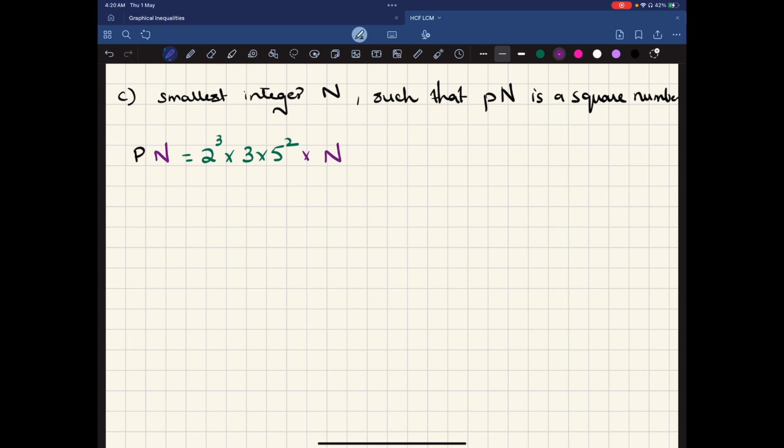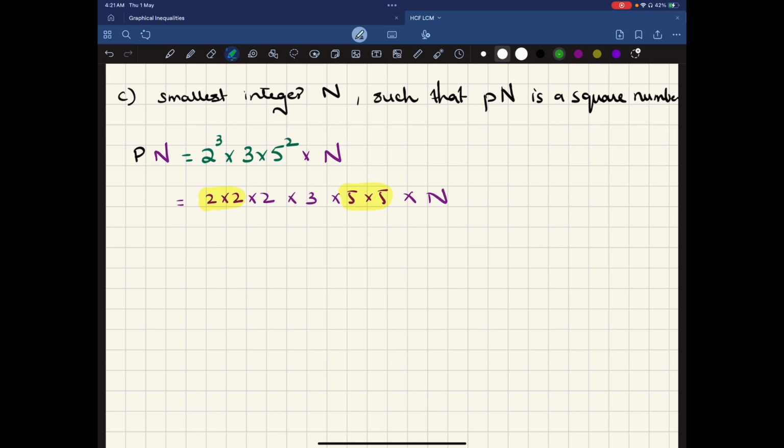However, smallest integer n such that Pn is a square number. So for a square number, we need pairs of 2. So this is 2 into 2 into 2 into 3 into 5 into 5 into n. We need to find the value of n. Let's see how many pairs we have. So this is the first pair. This is the second pair, right?